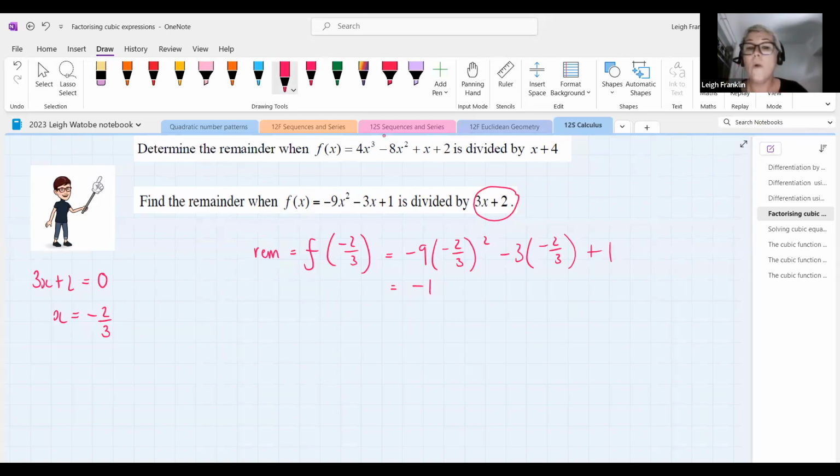Where it gets a little bit more complicated, Katleho, is where they ask you to start solving for variables, which is what I'm going to show you. So I've taken the linear polynomial, I've made it equal to 0, I've solved for x. And then I'm taking that value and subbing it into f of x. And the answer that I get, in this case -1, that's my remainder. It really is no more complicated than that.